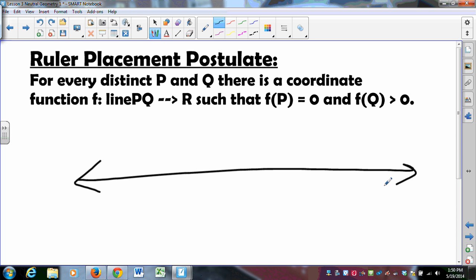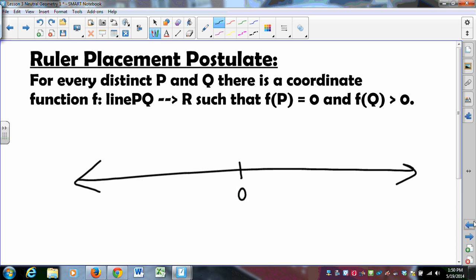Because no matter where I am on this line, I can decide that there's some place that's going to correspond to 0. And maybe the positives go this way, and maybe the positives go this way. It doesn't matter. I can put 0 somewhere.